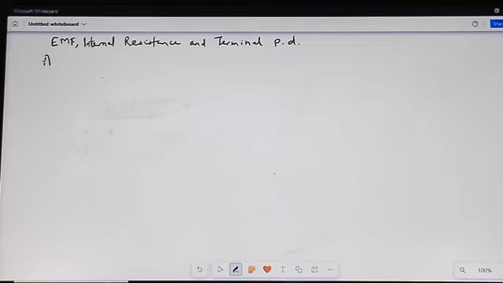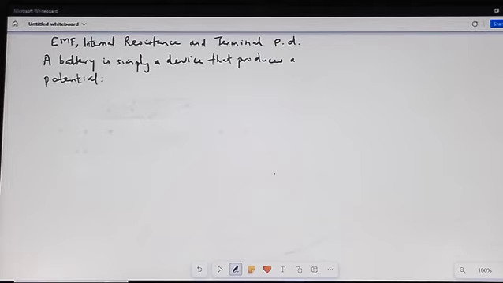So I say a battery is simply a device that produces a potential difference, and causes the movement of charges.